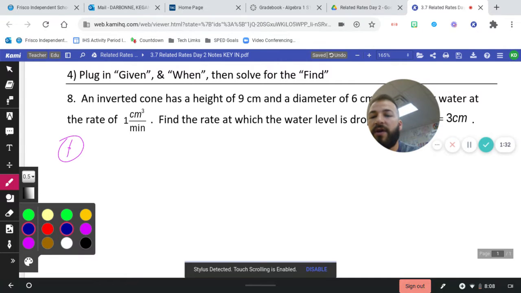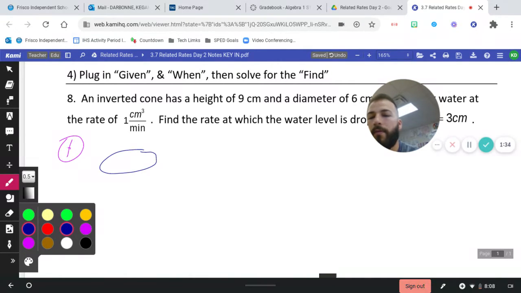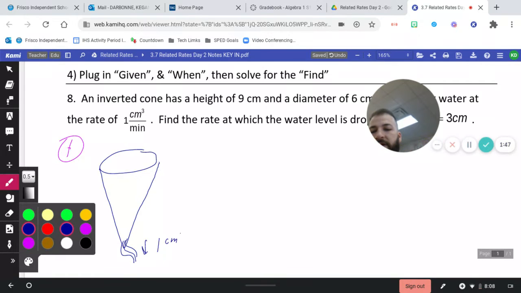So we have an inverted cone that is leaking water at a rate of 1 centimeter cubed per minute.